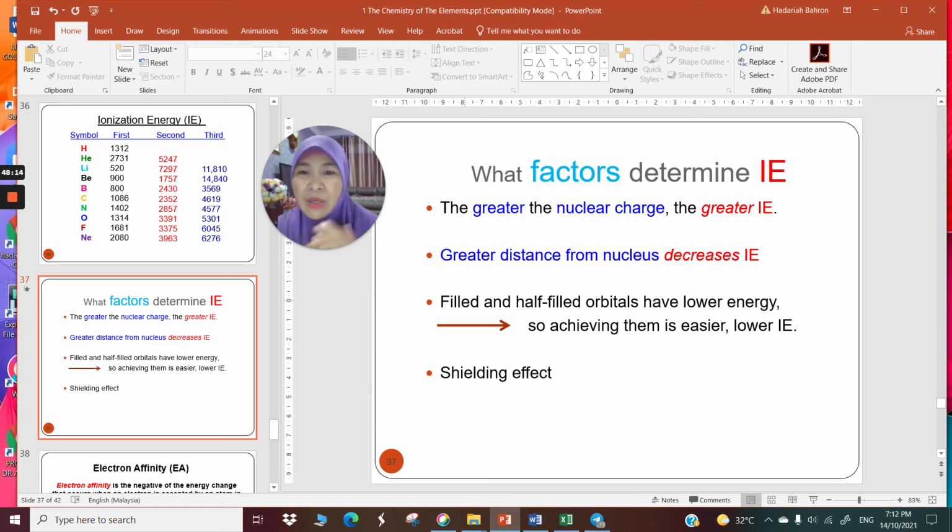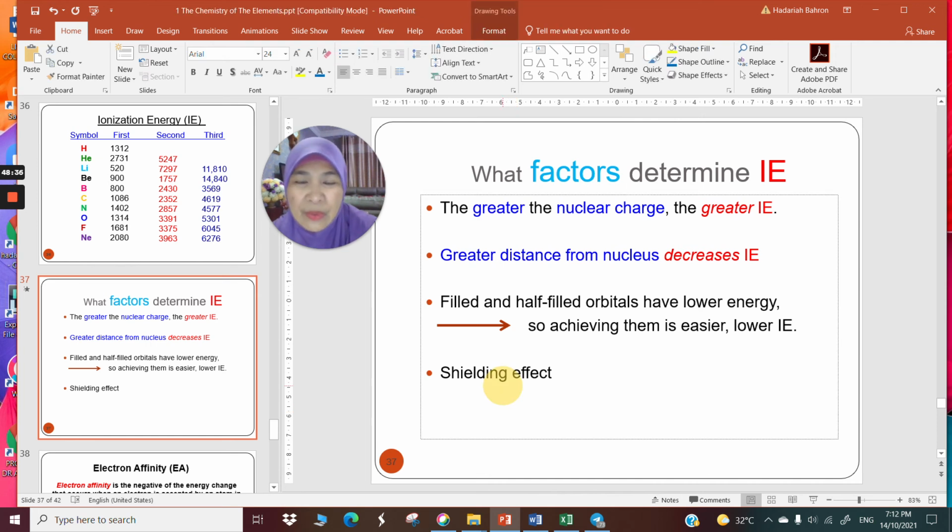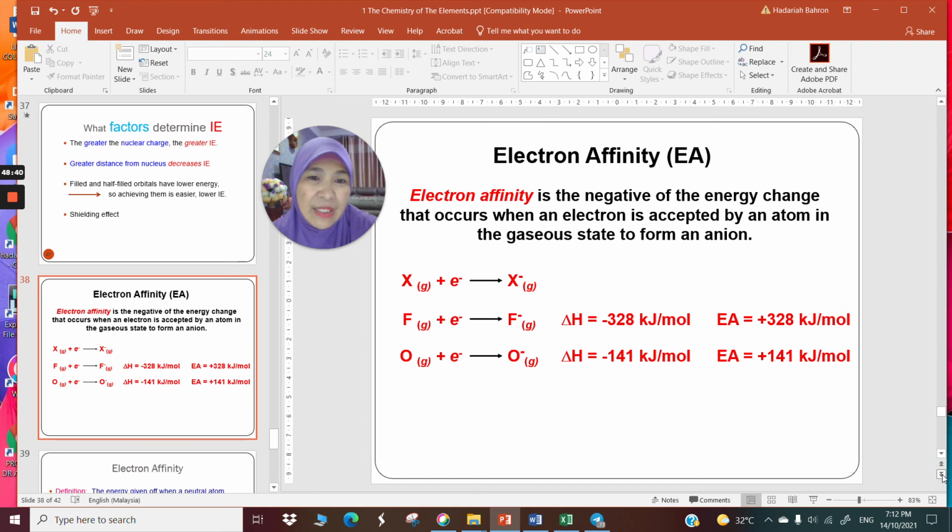Full p orbitals contain 6 electrons. Half-full p orbitals contain 3 electrons. So filled and half-filled orbitals have lower energy, so removing them is easy, giving lower ionization energy. And we also have to talk about the shielding effect. You all understand what the shielding effect is by now.